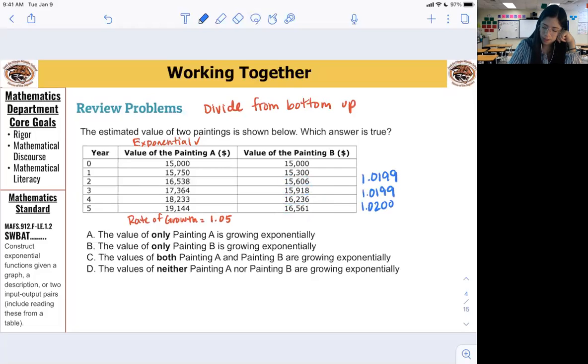Then I got 1.02, just it stopped there. And then for the last 2, I also got 1.02. So when you get all these numbers, once you have those numbers down in your notebook, what you always want to think is, do they all round to the same answer? Do they all round to the same number? And so you got to start thinking, okay, here's these right here. What is 1.0199 round to?